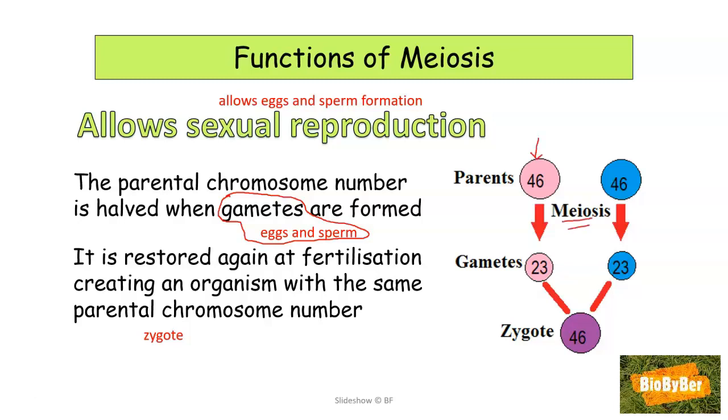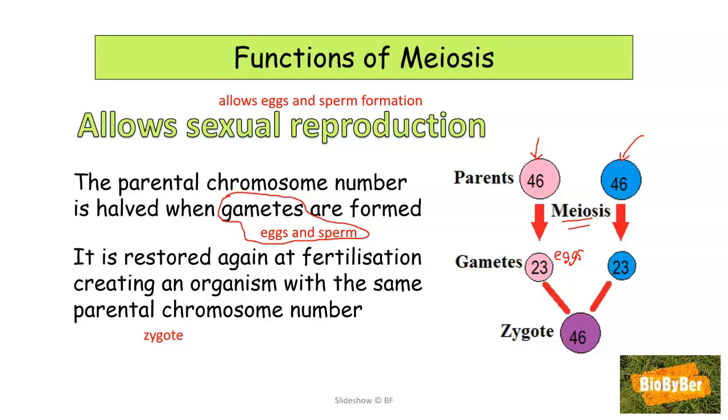Meiosis will occur in her ovaries, giving rise to gametes or sex cells, in this case eggs, with 23 chromosomes each. I call these the single ladies. 23 single ladies in each egg. In the male human cell, there will be, again, 46 chromosomes.